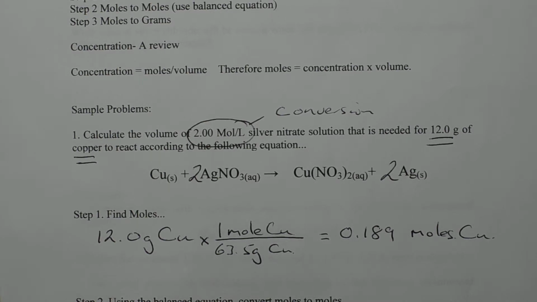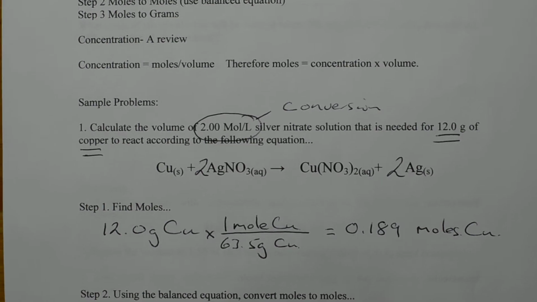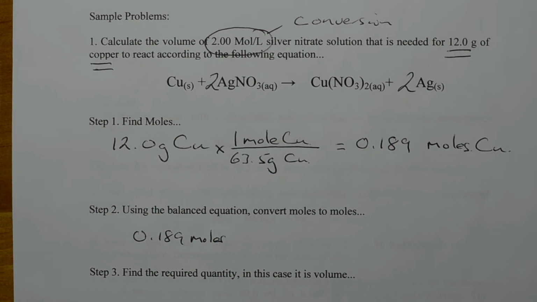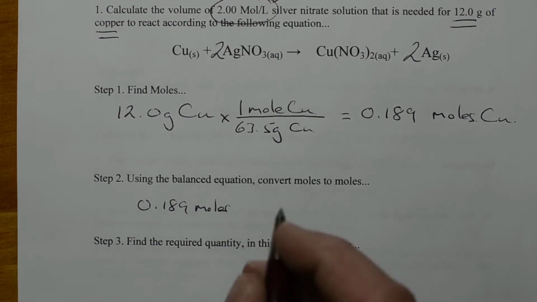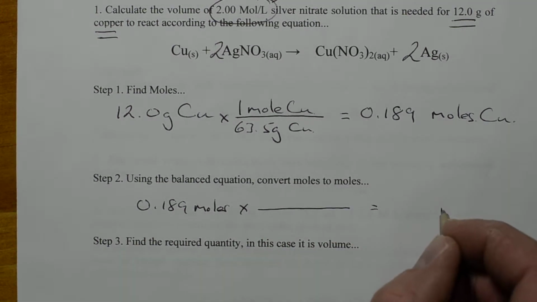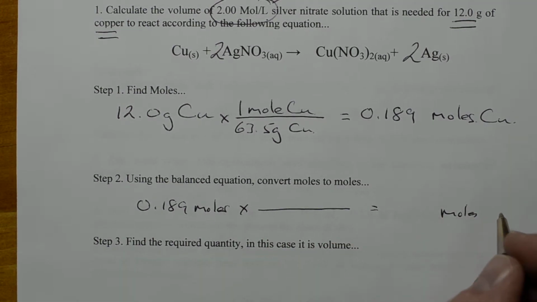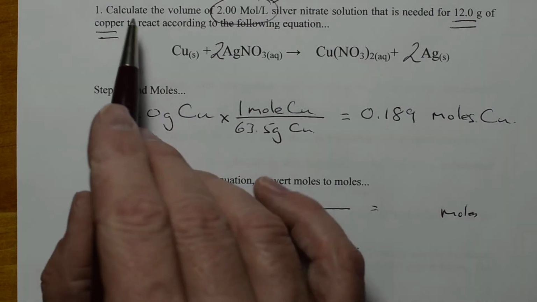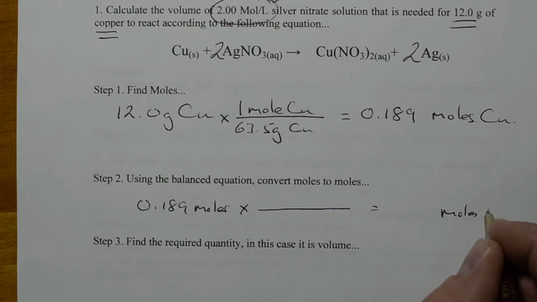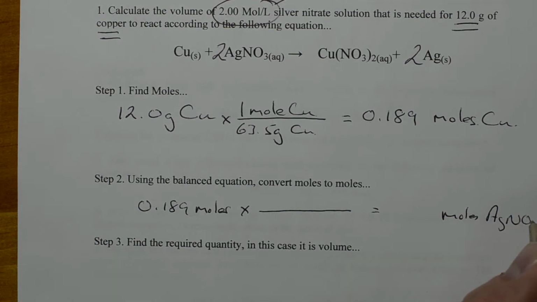So we say 0.189 moles of copper. Whoops, I'm sorry, I'm off the page here. 0.189 moles of copper, and we're going to multiply by our equation factor to get moles of what it is that we're looking for. It said calculate the volume of 2 mole per liter silver nitrate, so it's obviously going to be silver nitrate.